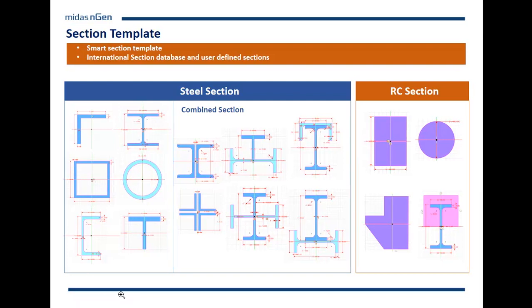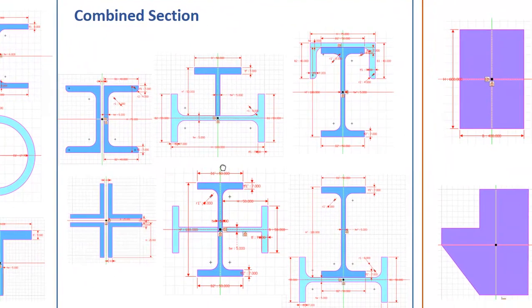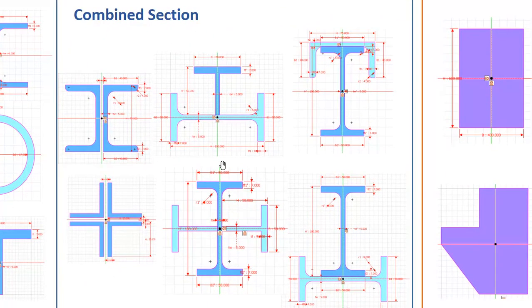Along with that, the program solves the problem of combined sections very effectively. So here you can see that you can generate any of the templates for the combined section. Whatever section shape you want to use, you can generate any of the templates in the software, and you can edit the dimensions using a very intuitive graphic interface.